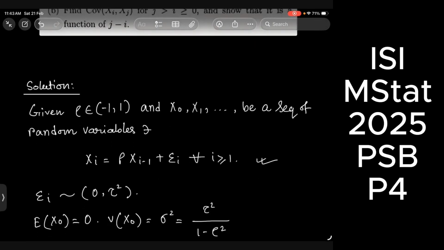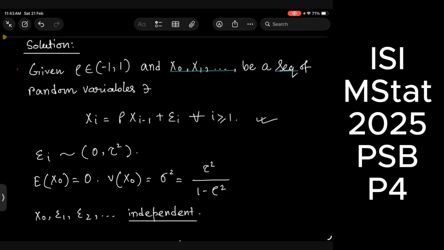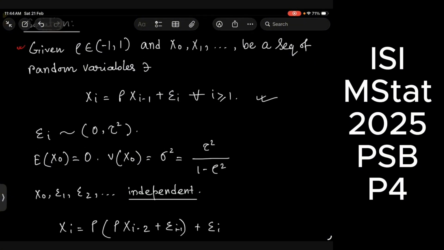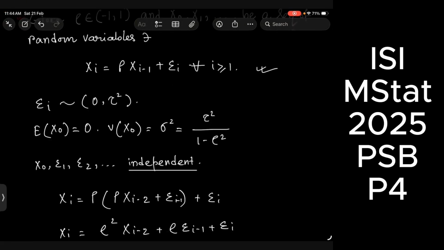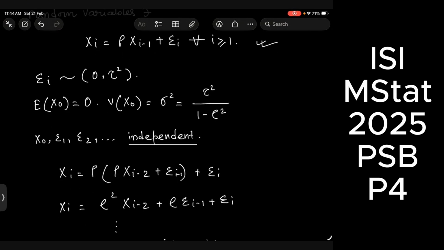Okay. So let's start with the solution. So given that rho is in between -1 to 1, that is very common for a correlation bound. So xi, as I mentioned, depends on xi minus 1 and epsilon i has mean 0 and variance tau square, right?